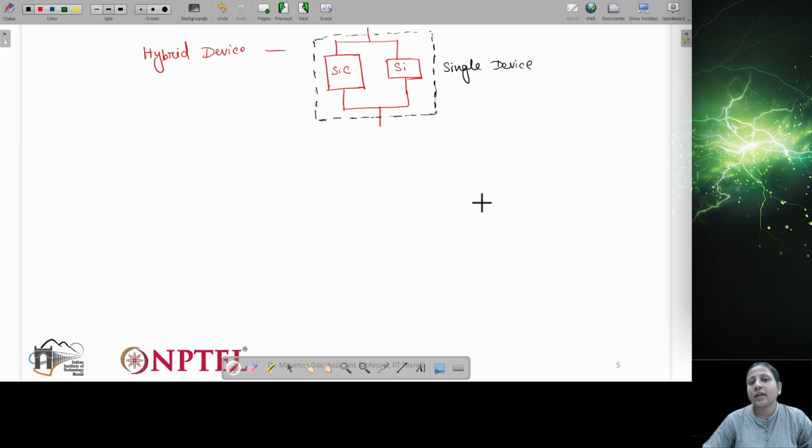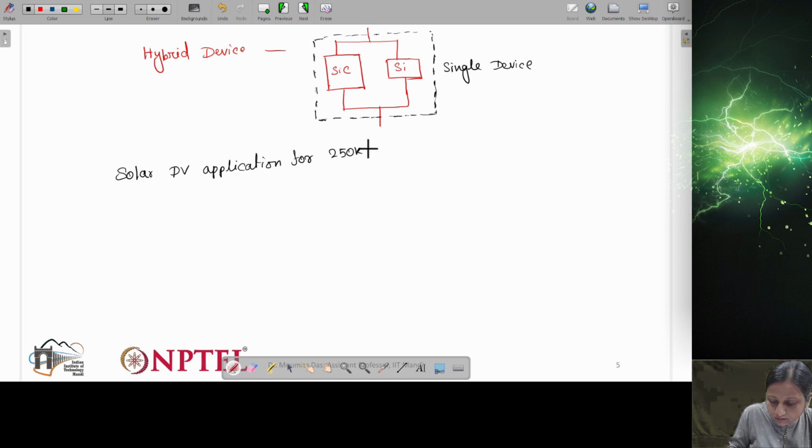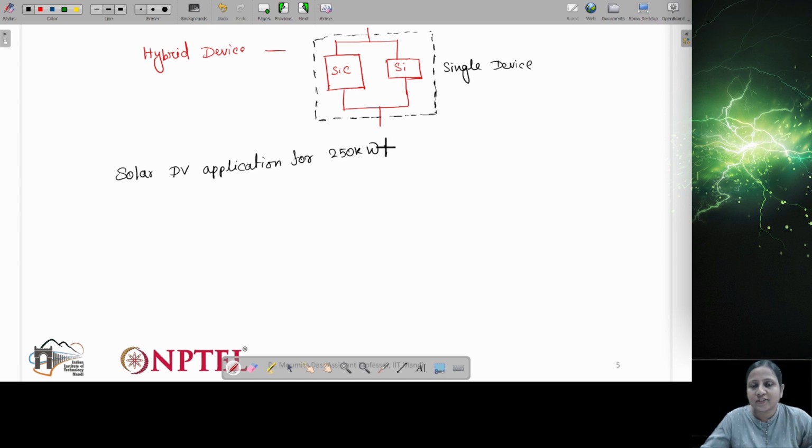So this is what we consider as the hybrid kind of device. Now let's say one application of solar PV. So let's consider a solar PV application for 250 kilowatt power. 250 kilowatt can be anything, large commercial or maybe utility grid connected, whatever you want it to be, there you can use it.